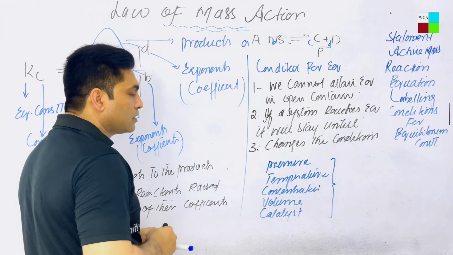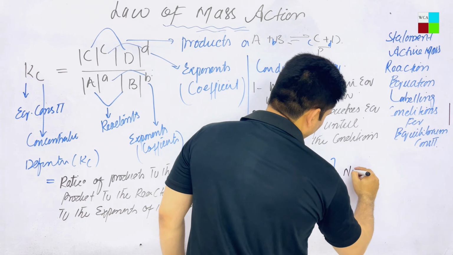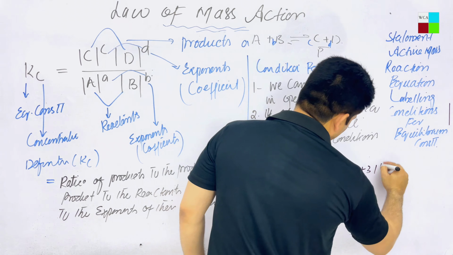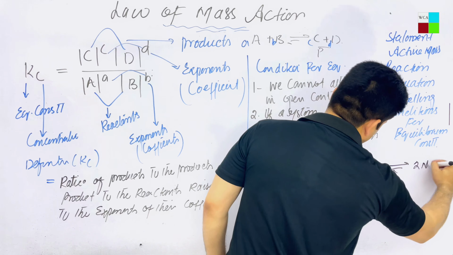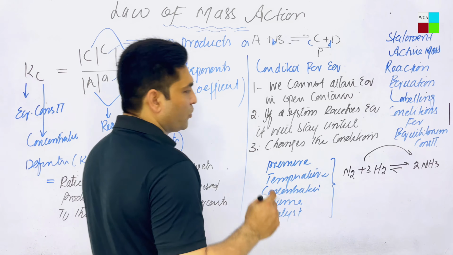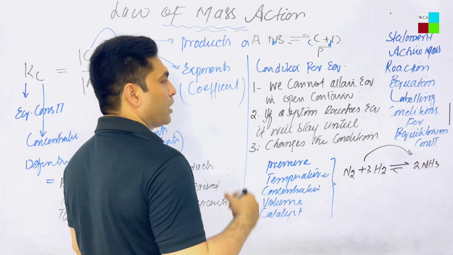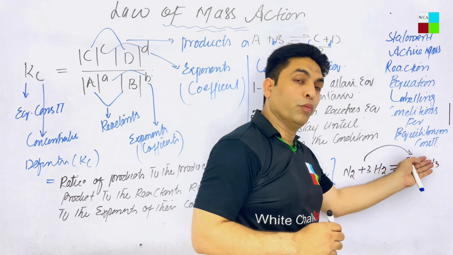How can these disturb the chemical equilibrium? Let's suppose we have the reaction for the ammonia preparation. Suppose we are changing the pressure, the reaction moves in this direction. If we change the temperature, it depends on whether the reaction is endothermic or exothermic. In case of endothermic, the reaction will move in the forward direction.